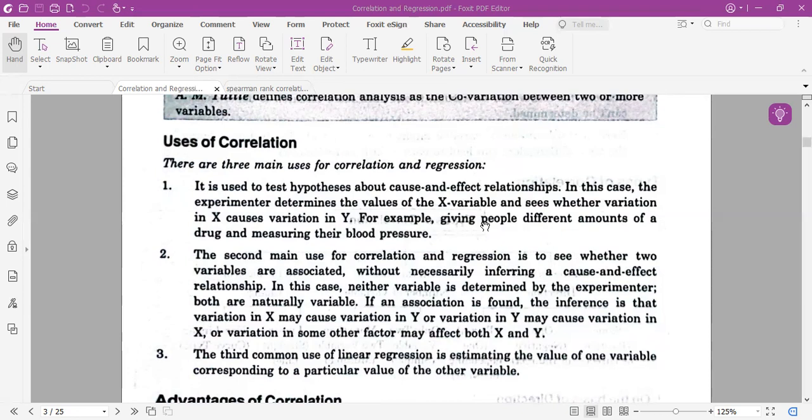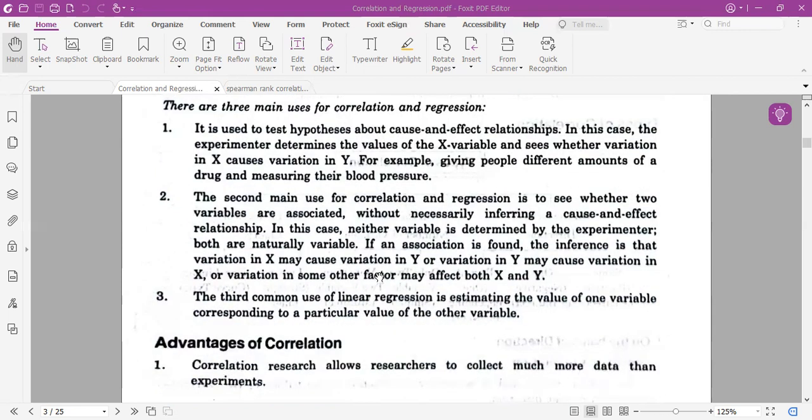Suppose you take X as income and Y as expenditure. If there is a fluctuation in the income, definitely the amount of money spent as expenditure also fluctuates. So if you get more income, definitely you'll try to spend more. If your income decreases, definitely your expenditure also decreases. So this is basically the meaning of the second use of correlation and regression.